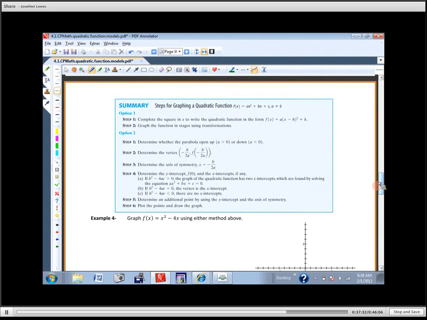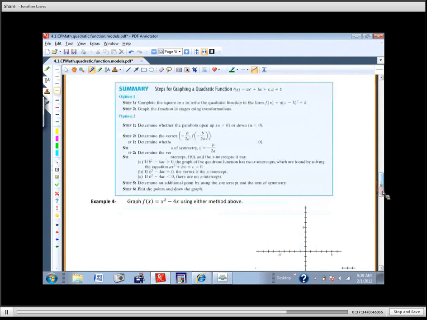Okay? All right, so there are two options for analyzing these parabolas. This is what we just did: complete the square, write it in vertex form, graph the function in stages using transformations, find the x-intercepts, the y-intercept, and all that sort of stuff.